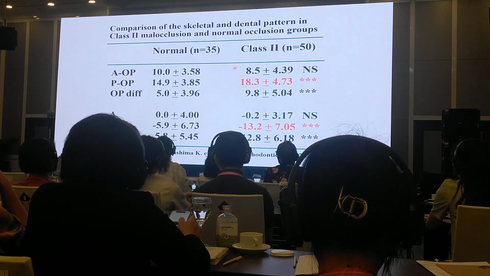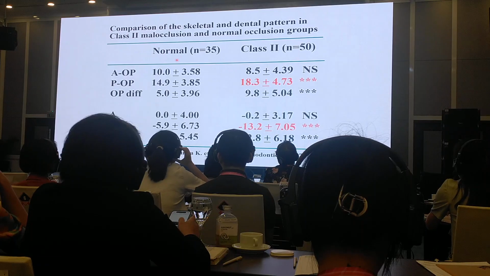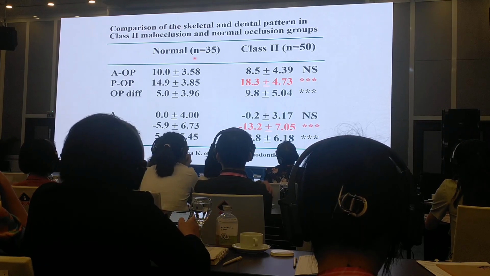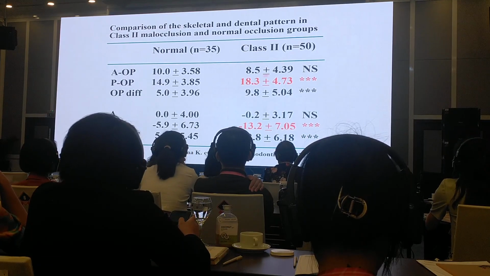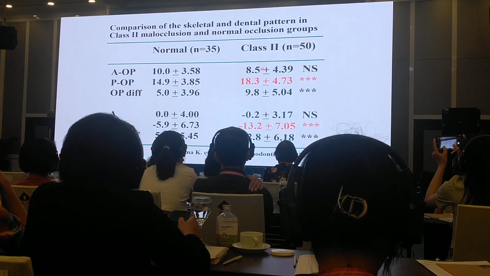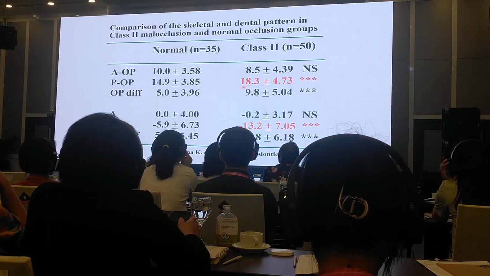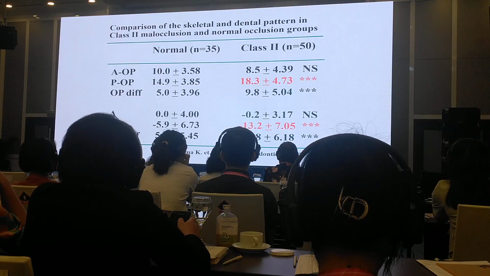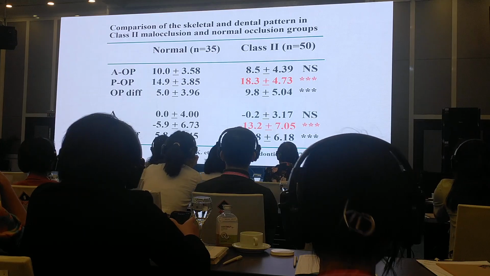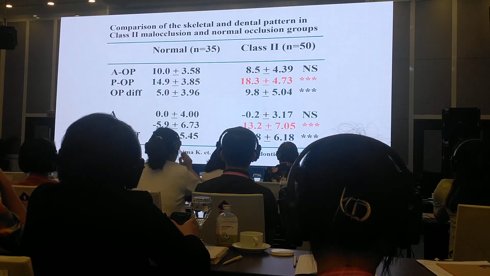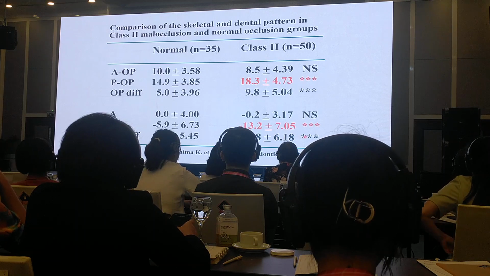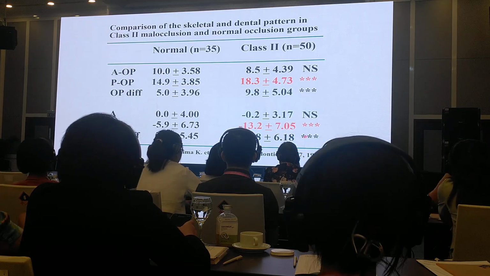At that time, we compared normal, that means class 1 subjects, and class 2 subjects. The only difference is the posterior occlusal plane. In class 2 cases, a very steep posterior occlusal plane. Therefore, the pogonion position, the anteroposterior position, is very much backward. That means class 2. Okay?